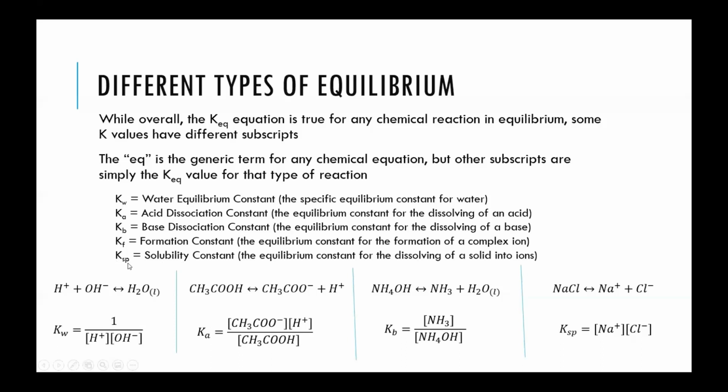This is referred to as the solubility product because it's the equilibrium of the solid salt dissolving. So the solubility that you've looked at before, looking at solubility data, this is related to the equilibrium of that solid salt and how much it's able to break apart before you can no longer dissolve anymore.